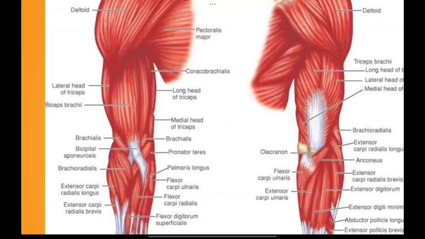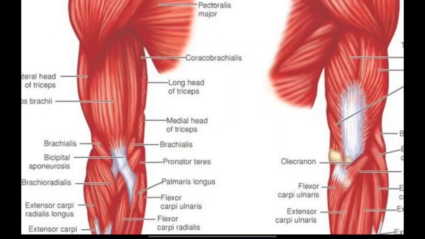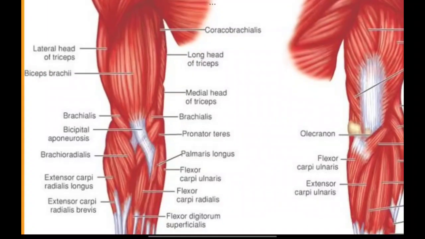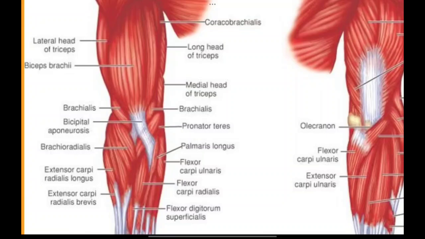Next, you have triceps brachii, which is towards the medial side, the long head of triceps. That is triceps brachii. Then you have brachialis, which is present close to the elbow, and it helps in the flexing of the elbow. Next, you have coracobrachialis, which flexes and adducts the arm.